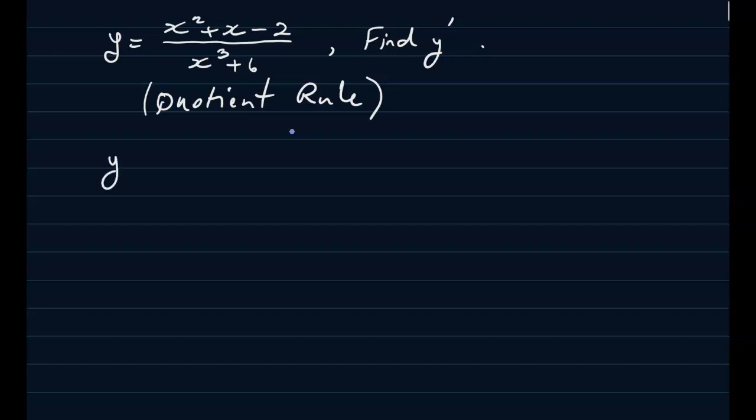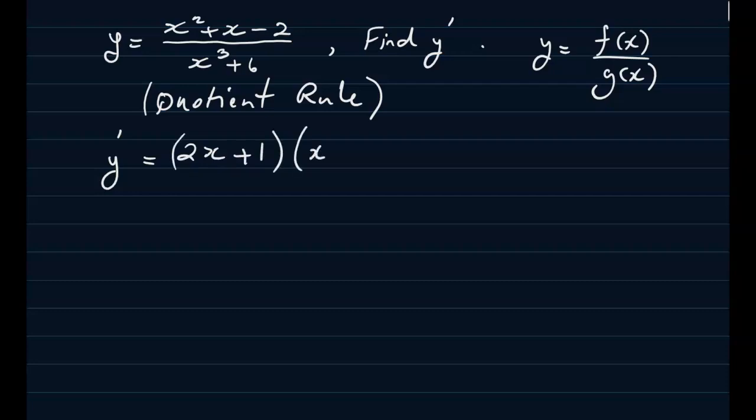So y prime is equal to, now you need to pay attention because there's a little bit of algebra involved. If you look at the function y originally as f of x over g of x, we're going to start with the derivative of the top, so that will be 2x plus 1, then multiplied by g of x, the denominator, subtract away, and now we're going to leave the top alone, so that would be x squared plus x minus 2.